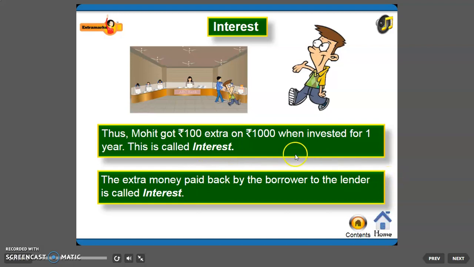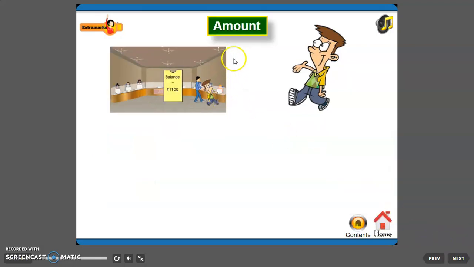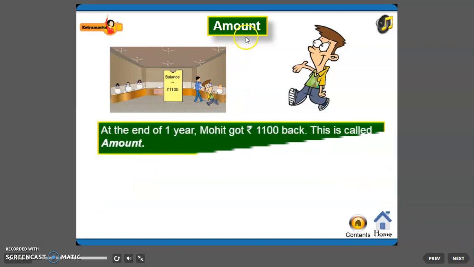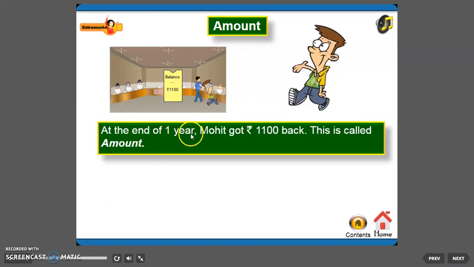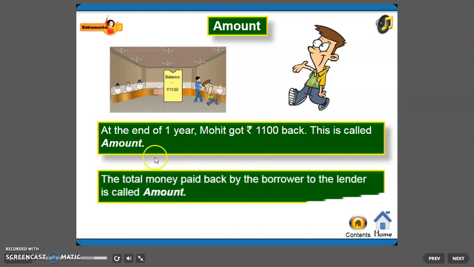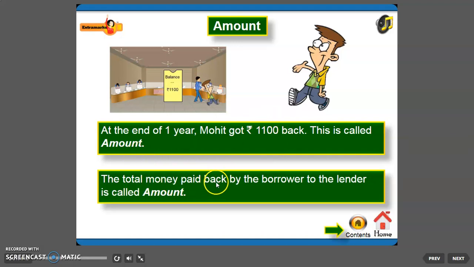So we have learnt a few important words now. Let us start from the beginning: principal, time, rate, interest. These are the 4 words that we have learnt new today. And the 5th new word is amount. At the end of 1 year, Mohit got 1100 rupees. That is called amount. The total money paid back by the borrower to the lender is called amount.